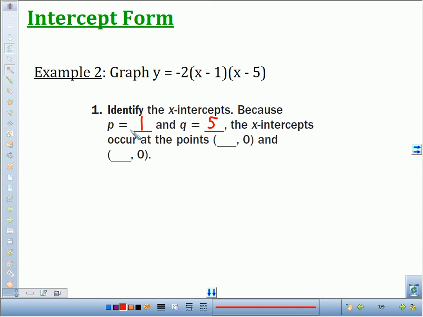Now, because p is 1 and q is 5, the x-intercepts occur at the points (1, 0) and (5, 0).